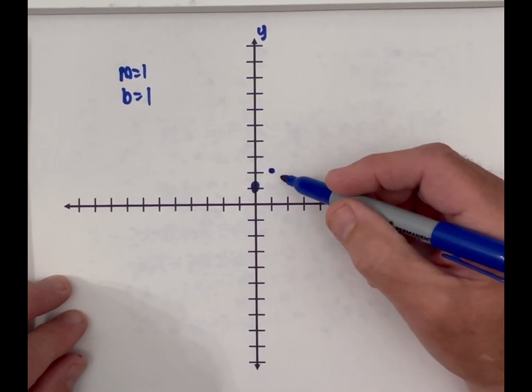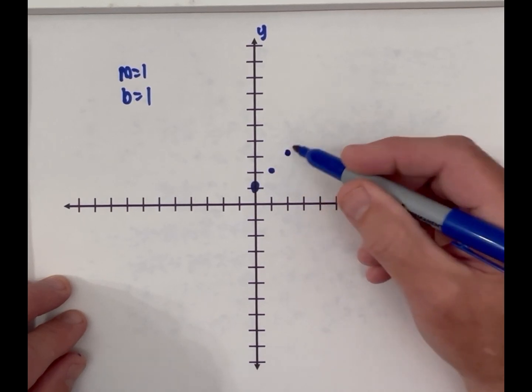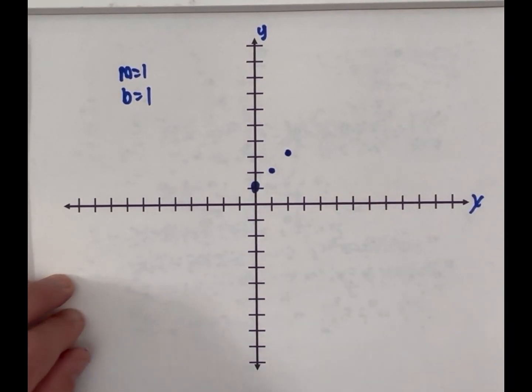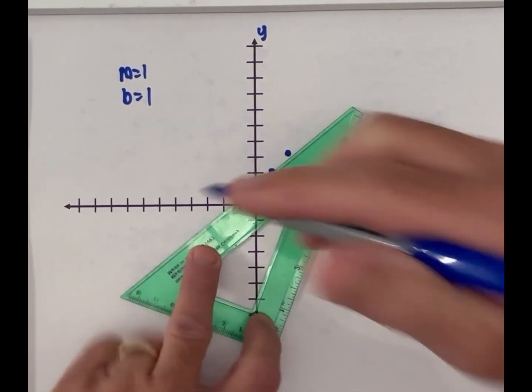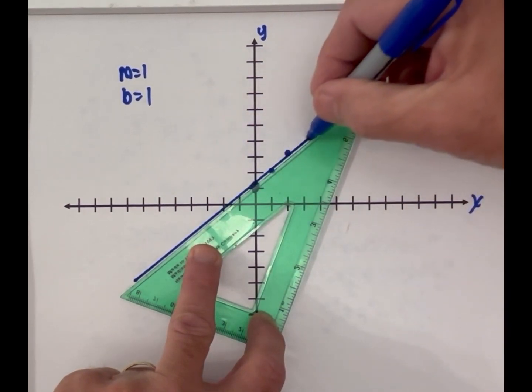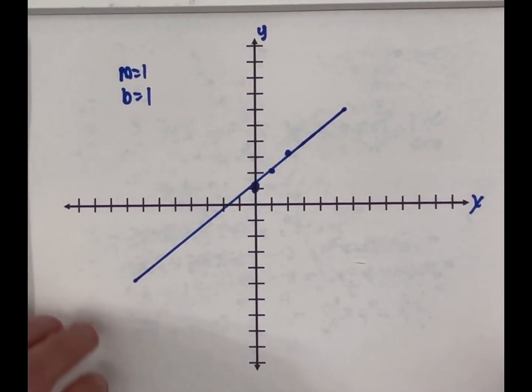And if we want to do that again, we can go 1 over, 1 up. It's basically going to be a 45-degree line, starting at 1 is what it looks like. So there's our line using the slope-intercept form. And it's just like the line we had a while ago.